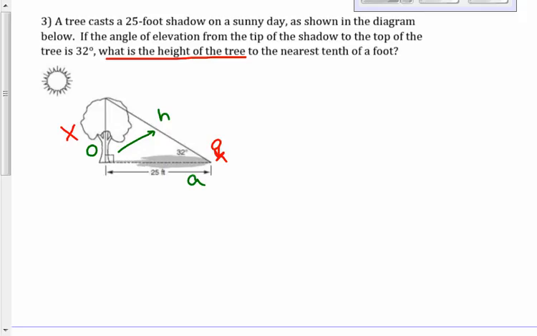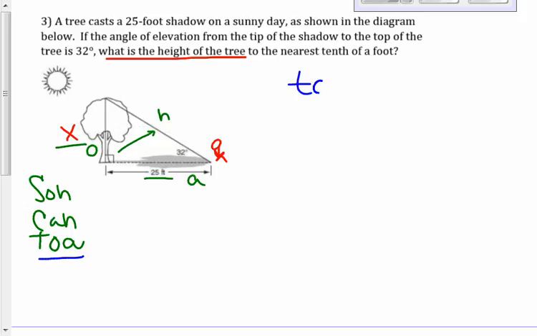So we have to ask ourselves, where do we have all the information? What two sides? We know we need the height, which is our x, and they gave us the 25. So we have sine, cosine, tangent, so SOHCAHTOA. And then which trig function has an O and an A involved in it? O and A is coming from tangent.